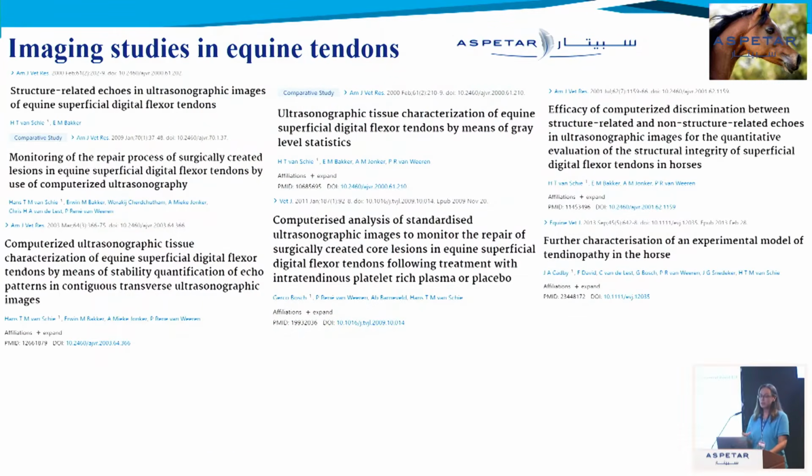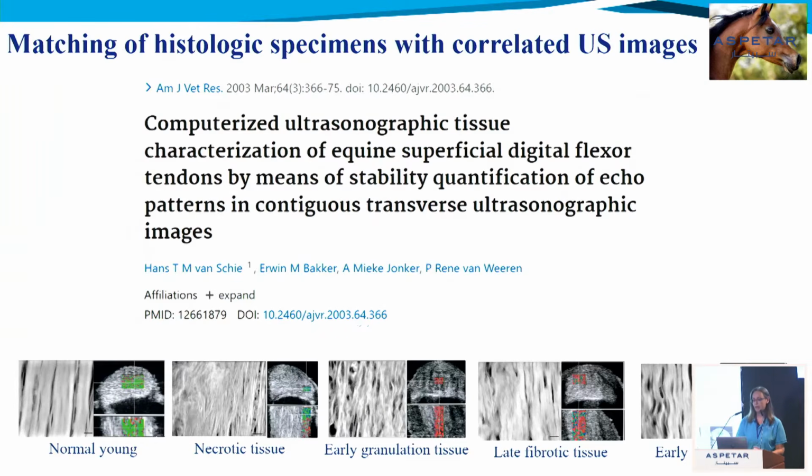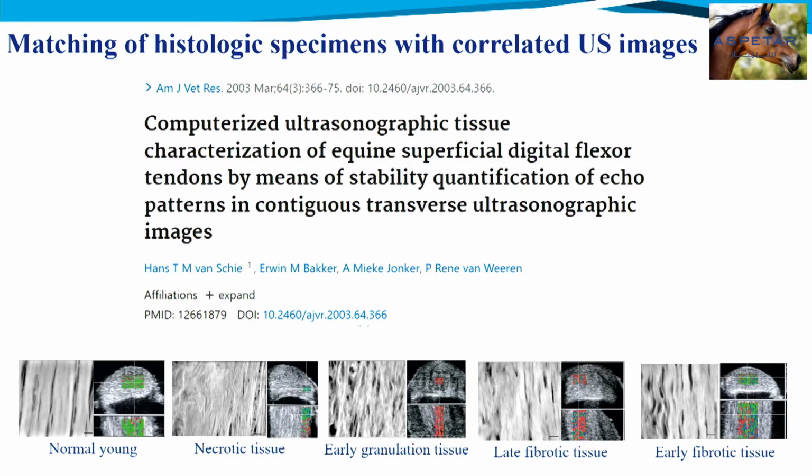So many radiological studies in equines were done before it culminated in the most important one, in my perception, which is the matching of histological specimens with the radiology images of the horse tendon.